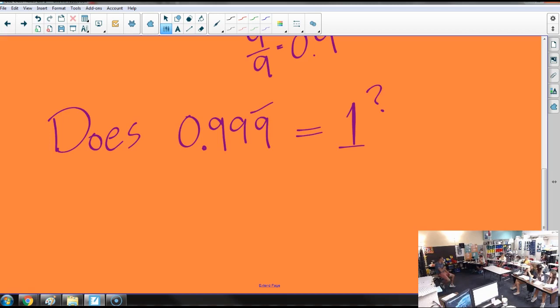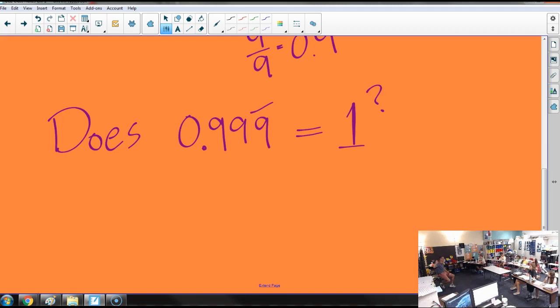What I want you to grapple with a little bit on your own is, if these are equal or aren't equal, what else would that mean? And what does it mean for something to repeat forever? What's the biggest decimal place? Or maybe not biggest, maybe smallest is what I'm trying to say.